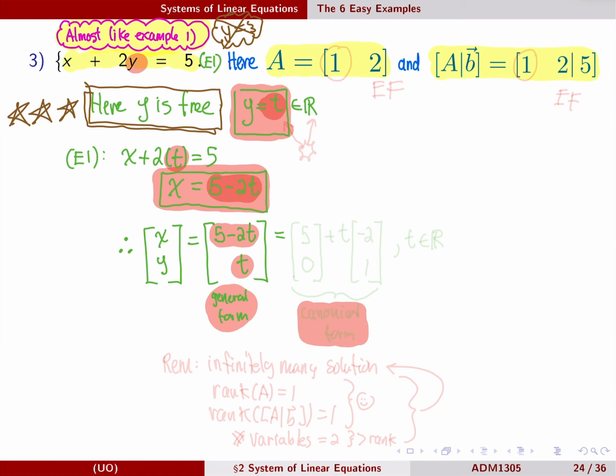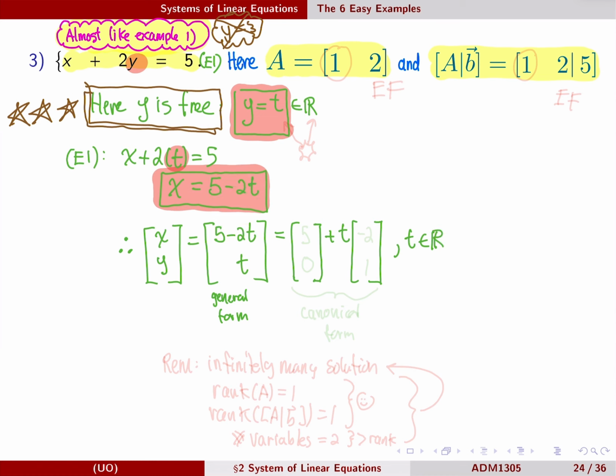But for canonical form, what I want you to do is write this general solution using vectors. The first vector is the constants, and the second vector is the multiples of t. So the way you break this up is you write your constant first.